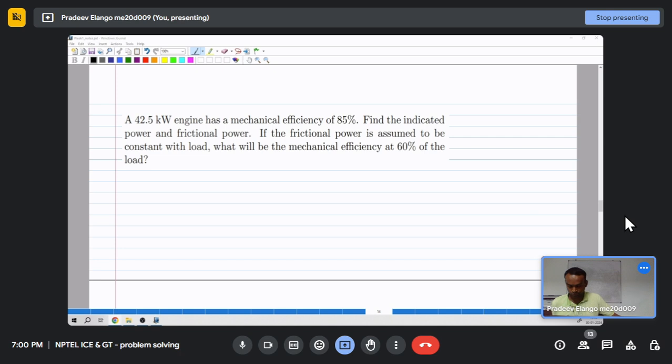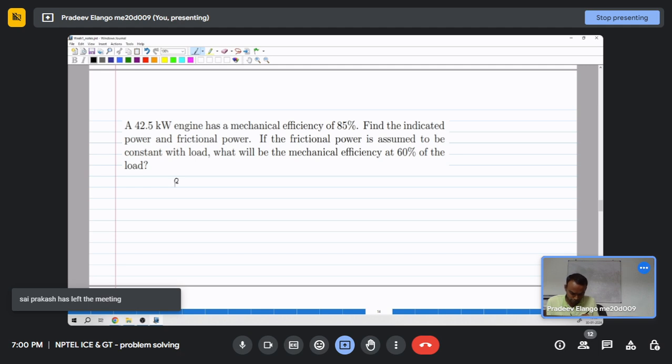So a 42.5 kilowatt engine means brake power at 100% load is 42.5 kilowatt, and mechanical efficiency in this case is 85%, it is 0.85. Now we need to calculate the indicated power and the friction power.